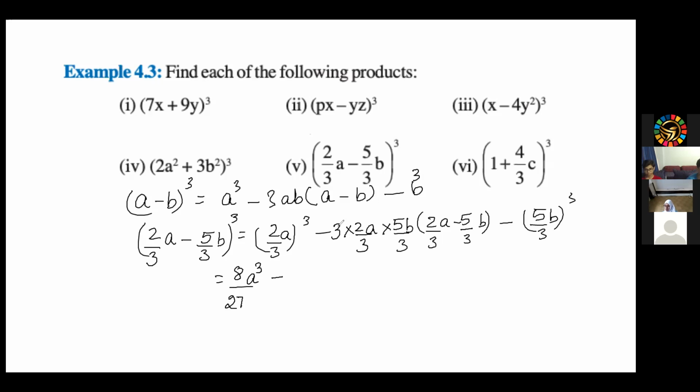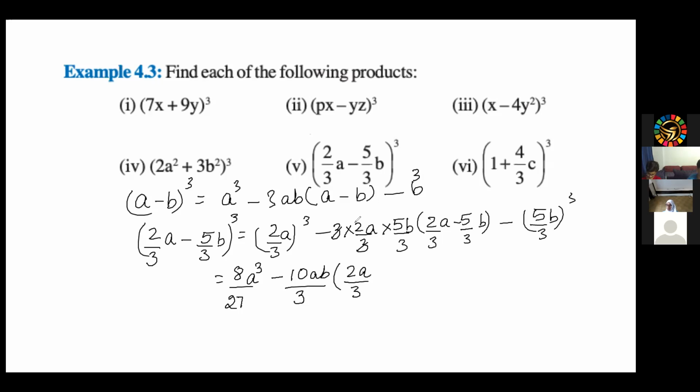This 3 you can cancel, 1 three in the numerator and 1 three in the denominator cancel out. Now what are you left with? 2a into 5 is also there. 2a into 5 is 10ab upon 3. In the bracket, the same thing I'm writing.